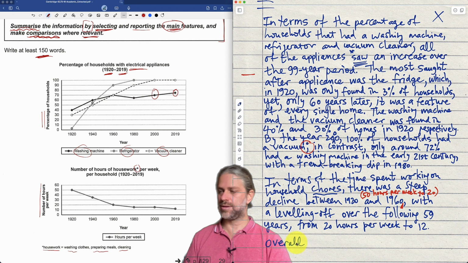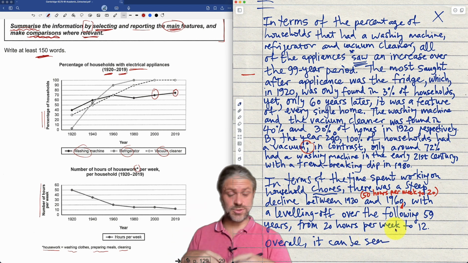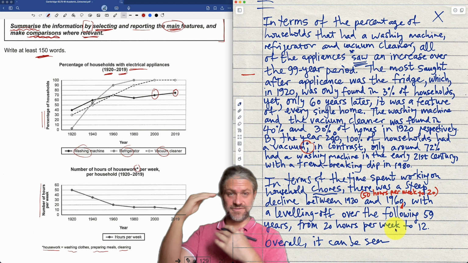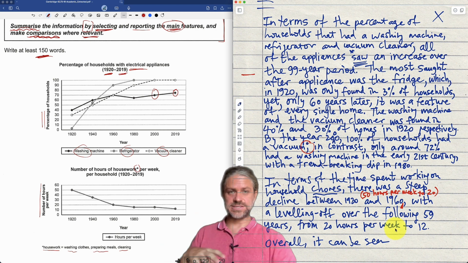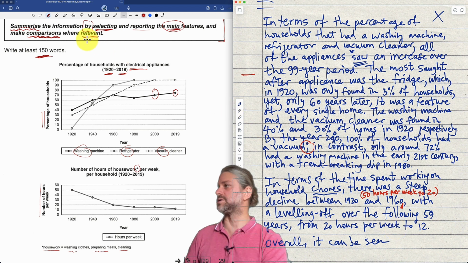Overall, it can be seen. And now I'm going to see the correlation between, there's always a correlation between graph A and graph B. It's asking you to summarize the information, but it's also asking you to make a comparison, right?